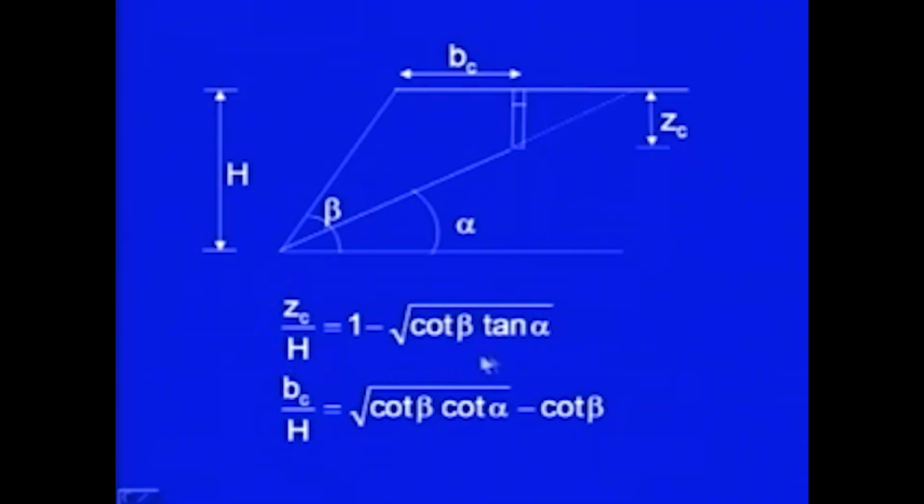Using this expression, you can estimate the critical value of the tension crack depth Z c, and where it is going to occur, this distance B c you can calculate from this expression. B c upon h is equal to root cot beta cot alpha minus cot of beta. So, using these expressions you can estimate the location and the depth of the tension crack for dry case.